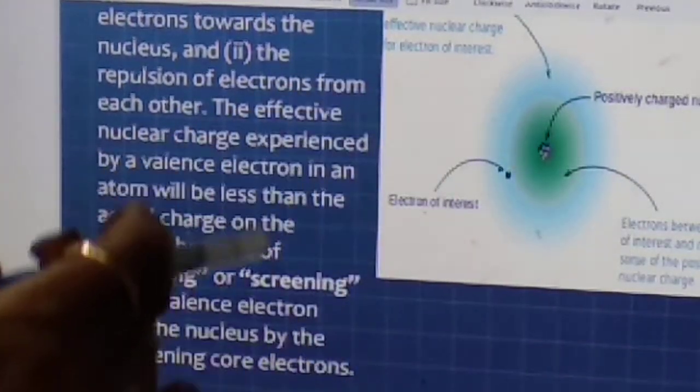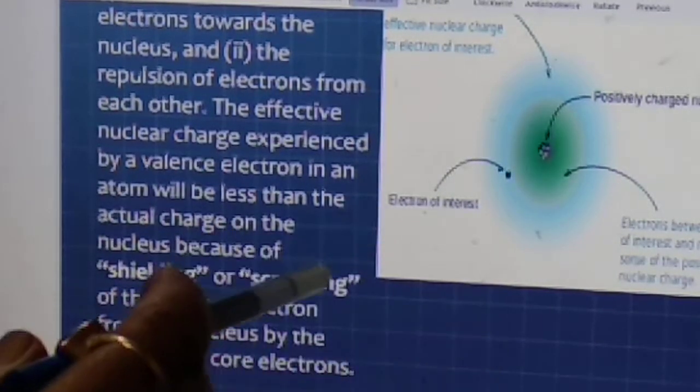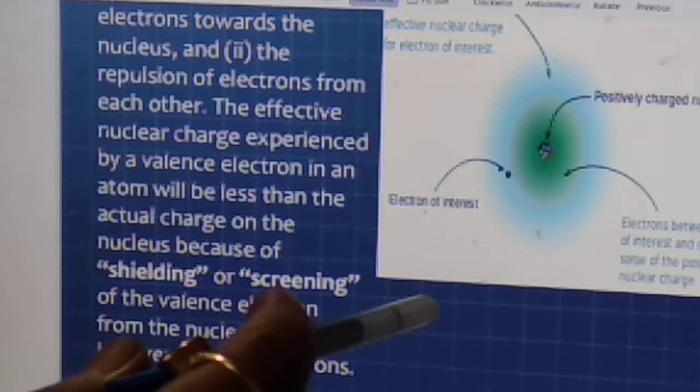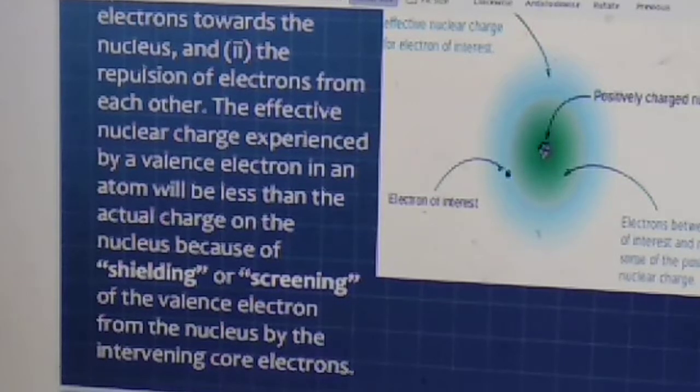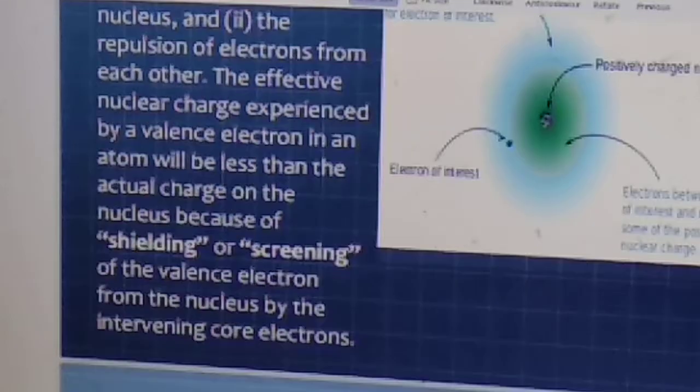So the attractive force by the nucleus to the outermost electrons will be reduced due to the screening or shielding effect of the inner shell.